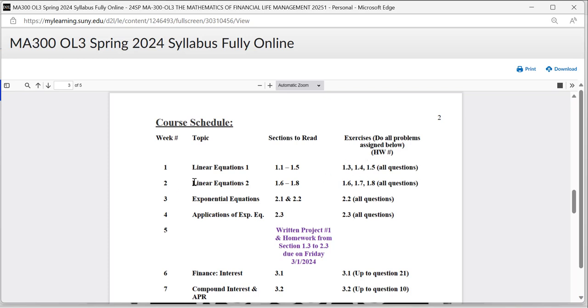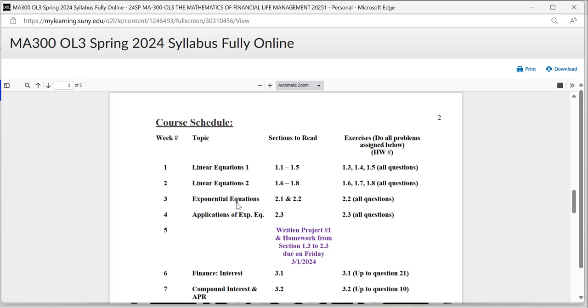And week 2, you're going to work on linear equation part 2. You're going to read section 1.6 to 1.8 from the textbook. And then after that, complete the homework assignments, complete all the exercises from section 1.6, 1.7, and 1.8, all questions. And so basically you follow this step by step, right?